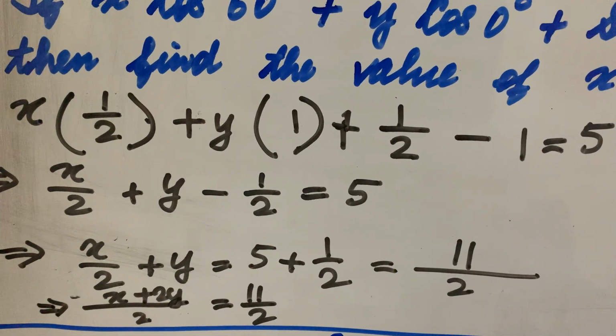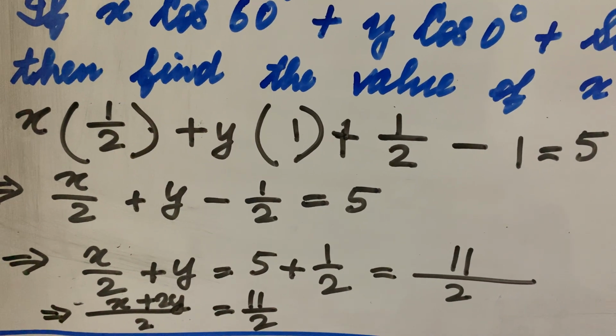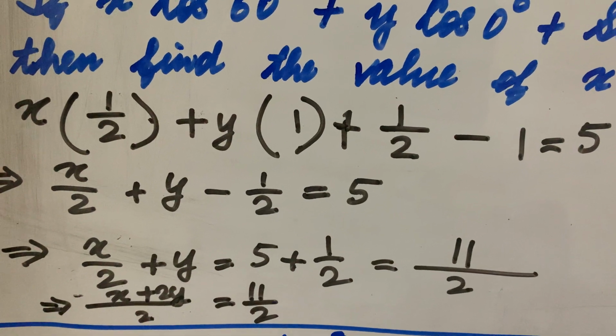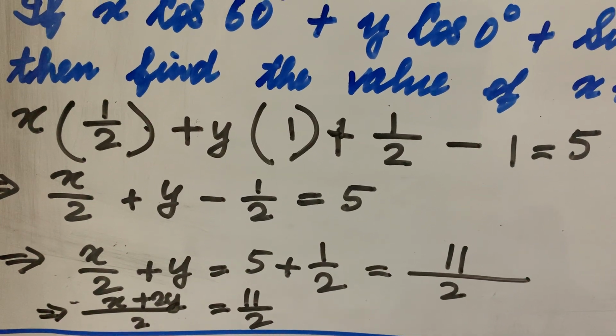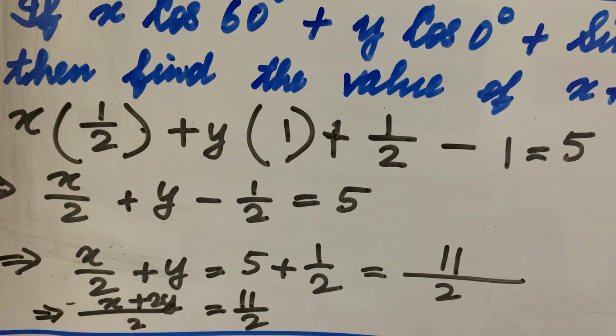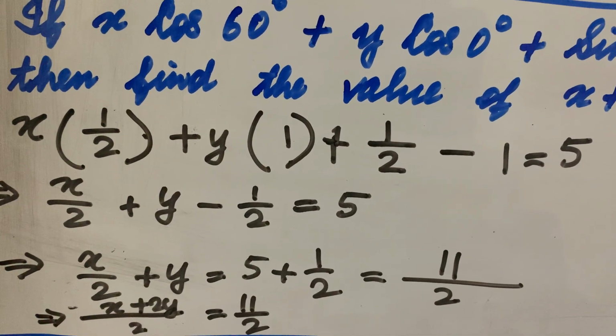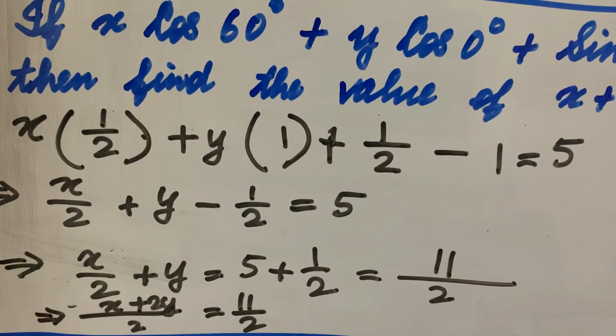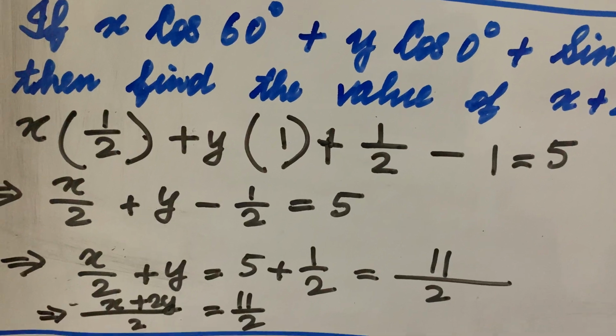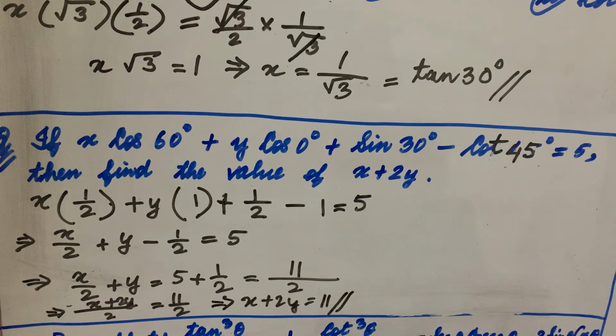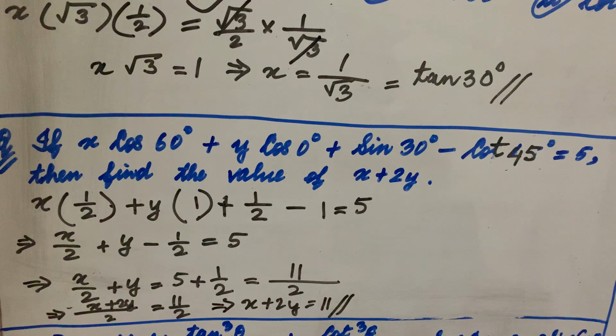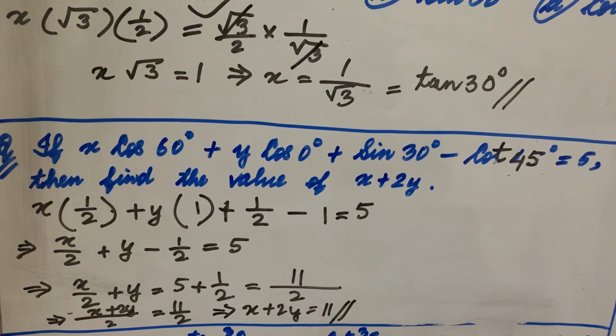Denominators of both the sides are the same, so we can equate the numerator. What is the numerator on the left hand side? It is x plus 2y, and what is the numerator on the right hand side? It is 11. So this means x plus 2y equal to 11. Our question was to find the value of x plus 2y, and we have got it as 11.